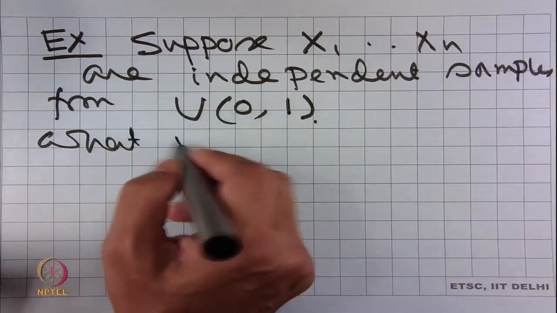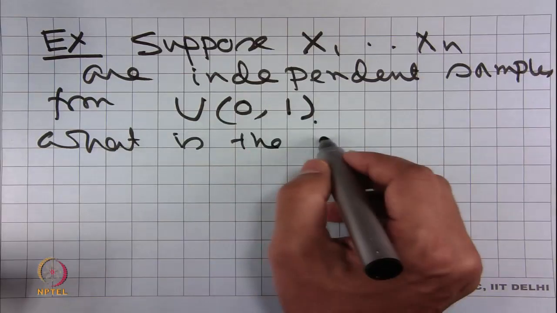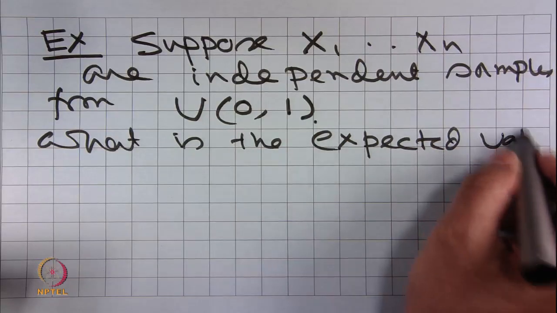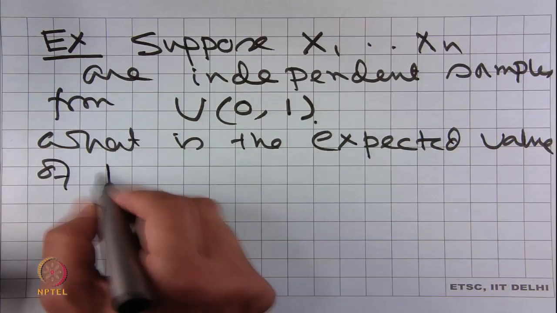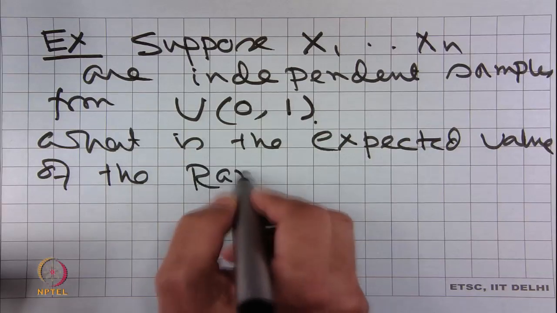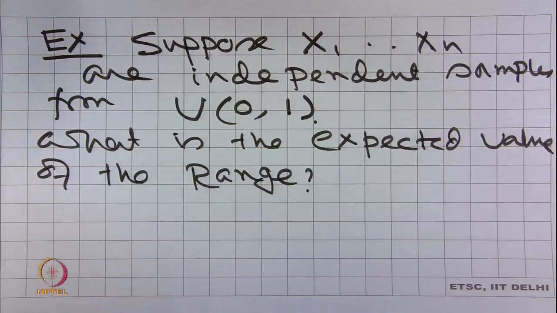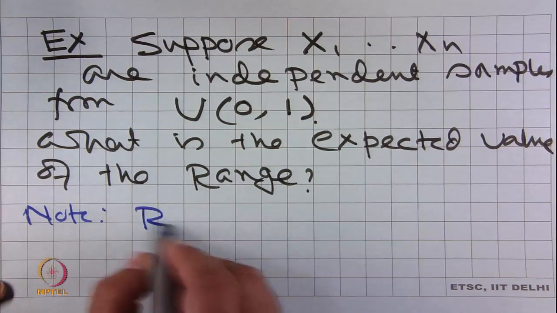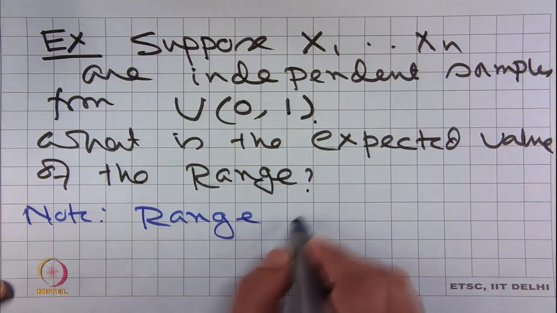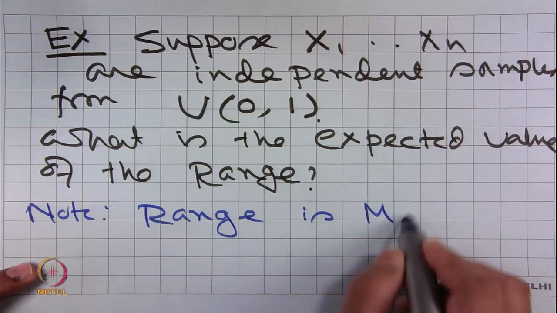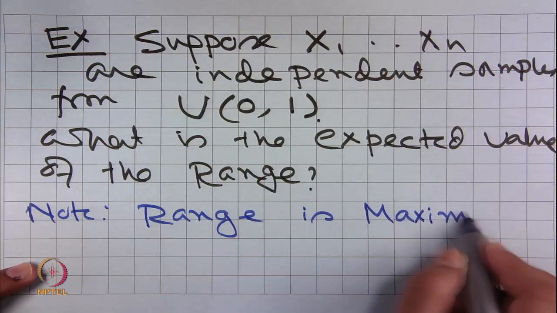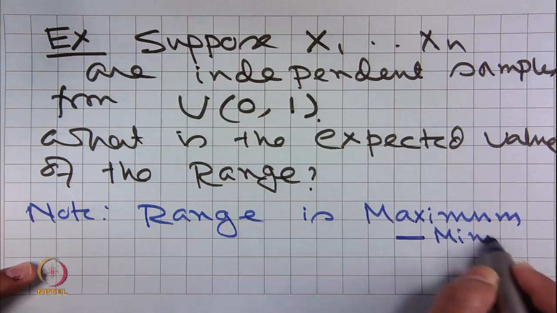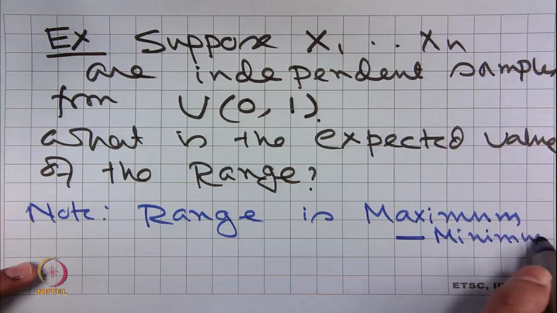What is the expected value of the range? What is the range? It is the difference of the maximum minus minimum.